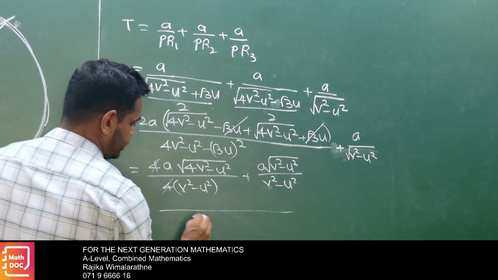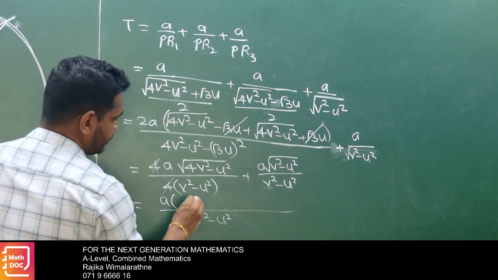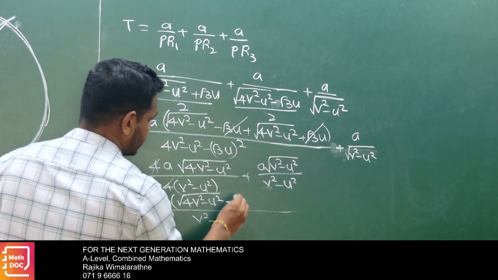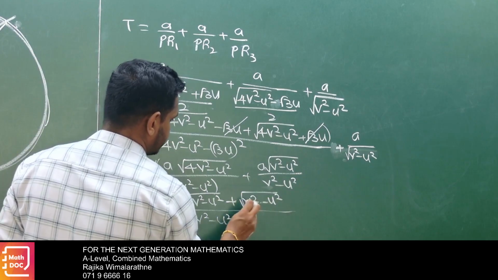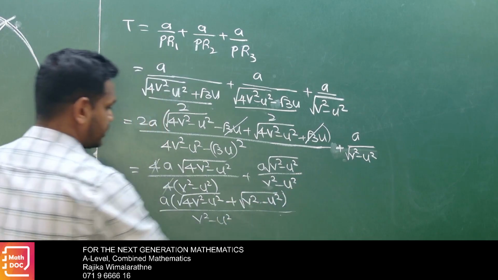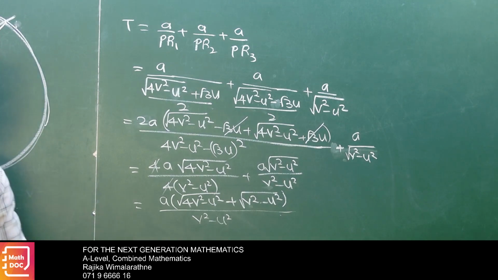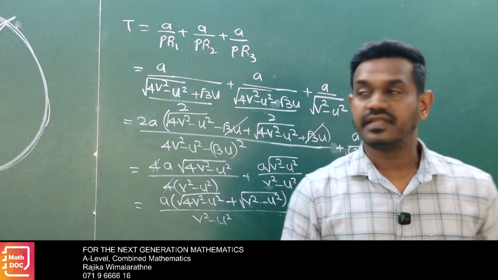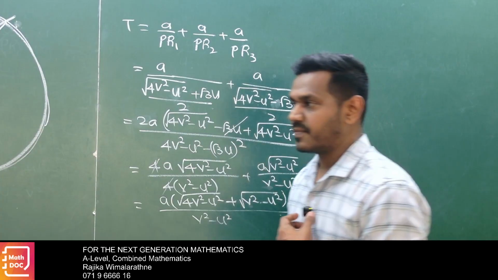In the final version, V square minus U square, A taken outside, 4V square minus U square root plus V square minus U square root. You have to practice that simplification. We have an irrational expression. In the rationalization process, you have to practice with expressions.